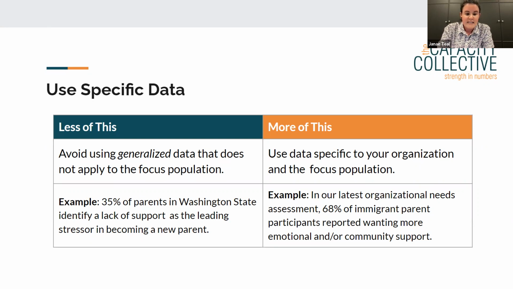So what this does is that it takes it to a personal level. The more personal the data, the more personal the story. So rather than say, in general, parents in Washington need more support, you are saying parents in this focus population that I have identified have said they need support. So you're being specific and you're directly backing up what your parents are asking for.